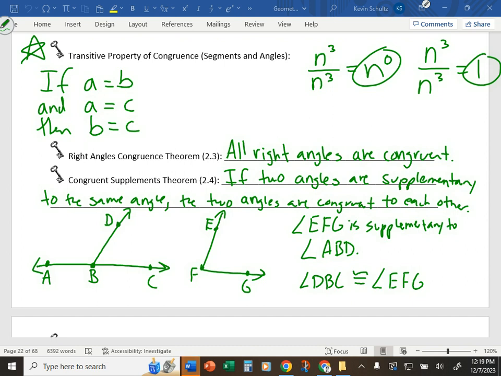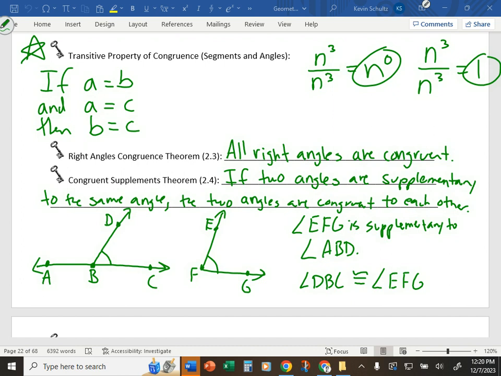Okay? Because, being a straight angle, ABC, being a linear pair, we know that these two angles have to be supplementary by definition. Linear pair angles are always, right? So if you're told that EFG is supplementary to ABD, that means that these two angles have to be the same measure because DBC is also supplementary to ABD.